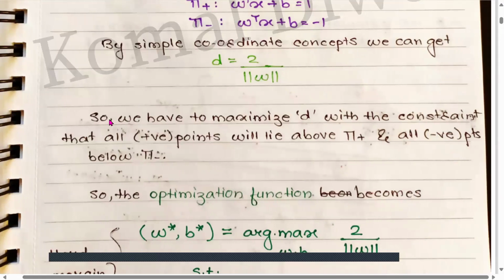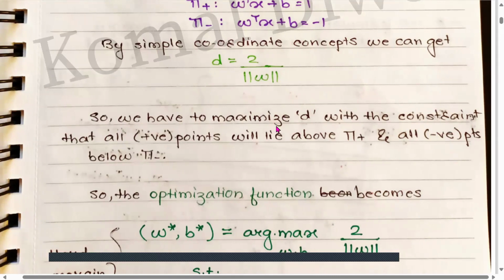So we have to maximize d. Our purpose is to maximize d. You have to keep this purpose in mind, which is why we are going to study this in depth.